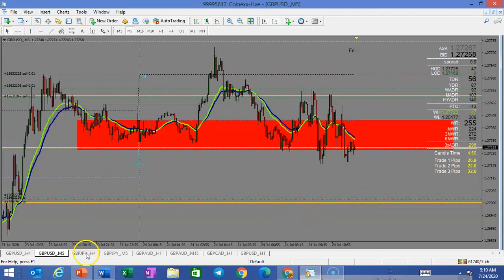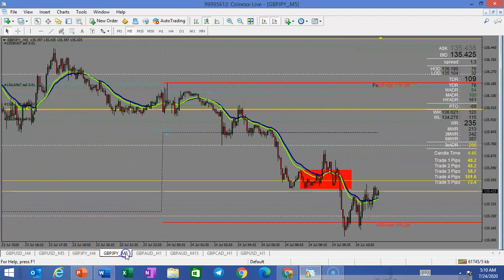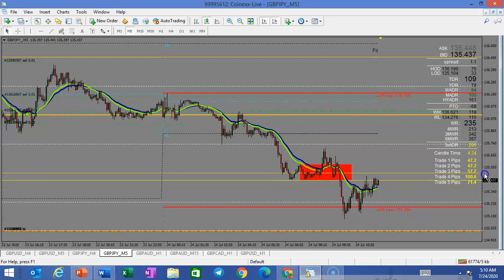And GJ. Well, it appears we've already hit. Oh no, we want the level to come down to 135.203.